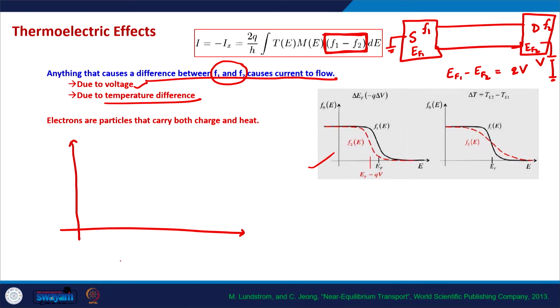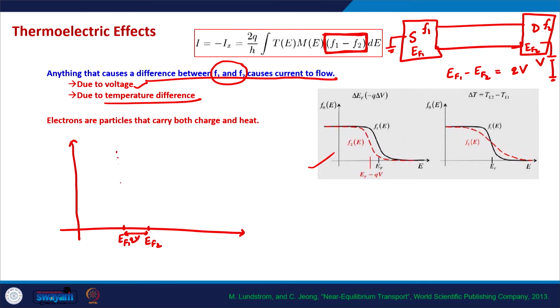Which means EF2 will be lesser than EF1. So EF1 will be here, EF2 will be here, and this difference is dependent on the voltage.